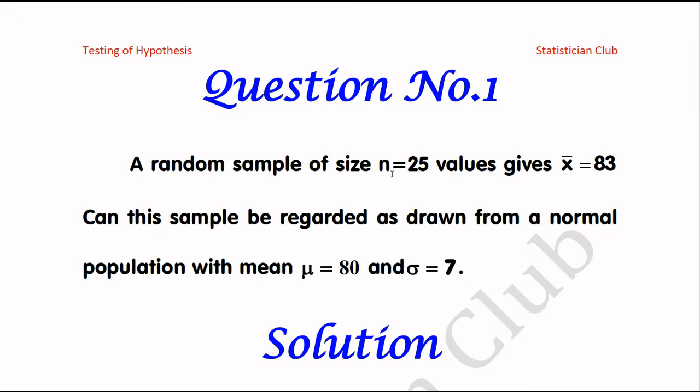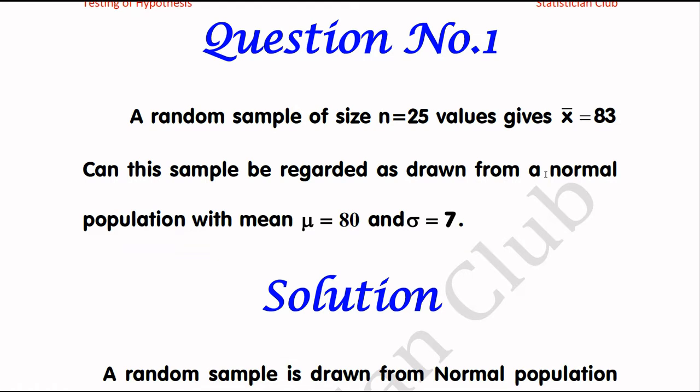The values give sample mean, x bar, which is 83. Can this sample be regarded as drawn from a normal population with population mean mu equal to 80 and standard deviation 7?